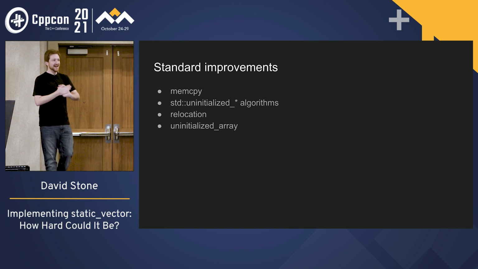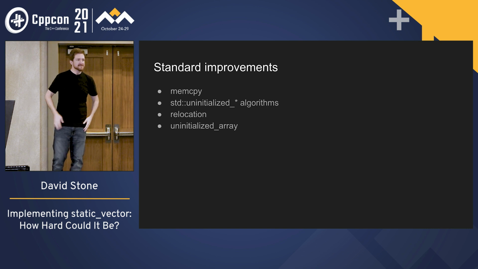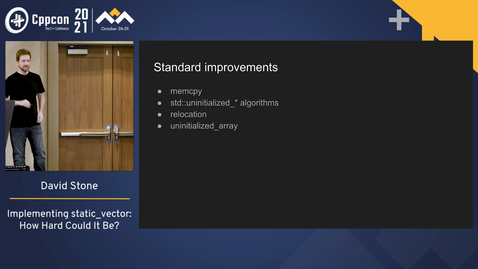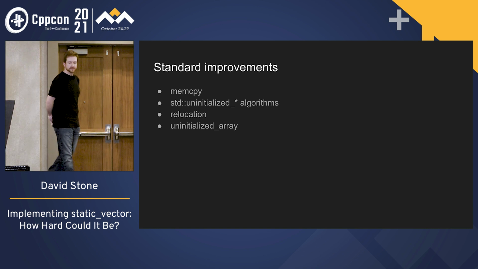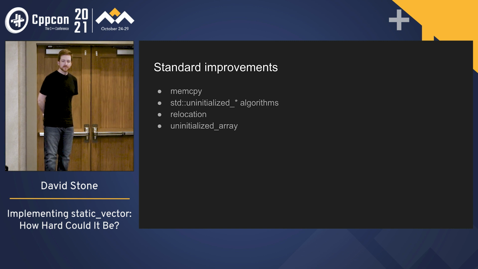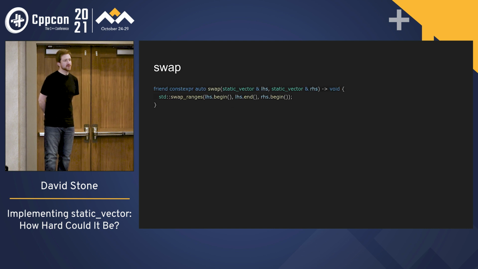Yes. And a question on the swap. Right. Yes. Doesn't the swap ranges need to know how long RHS is in order to function properly? If you have two vectors of different sizes. Yes, so this has multiple bugs. That is a good point.